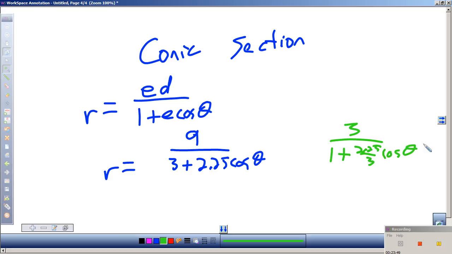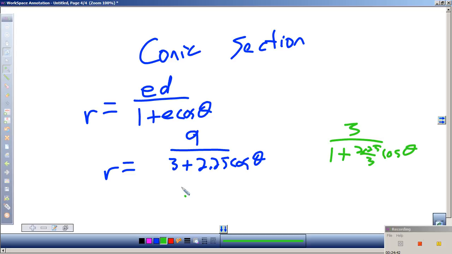Okay, go on your calculator and figure it out. Plug in r equals this. Okay, it is horizontal because cosine does the x direction; sine would do the y direction.